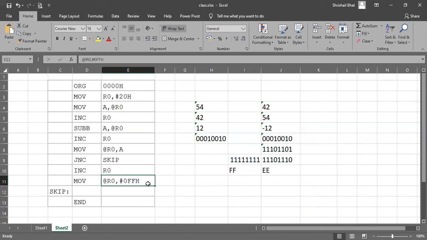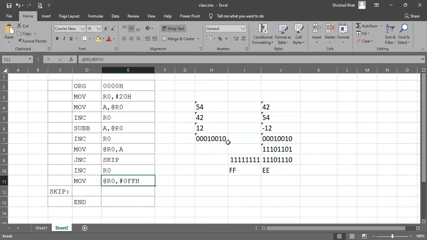So when can a negative number happen? Do you remember the numbers that I gave yesterday? 42 minus 54. If I simply subtract 54 minus 42, the answer would be 12, right? 12 means it will be storing 0001, 0010.